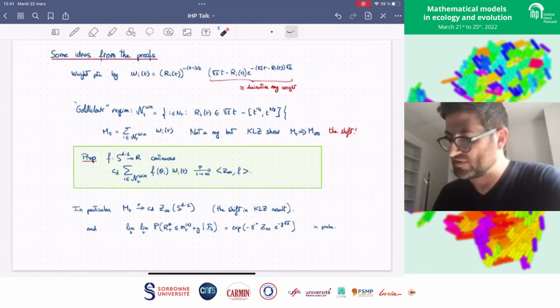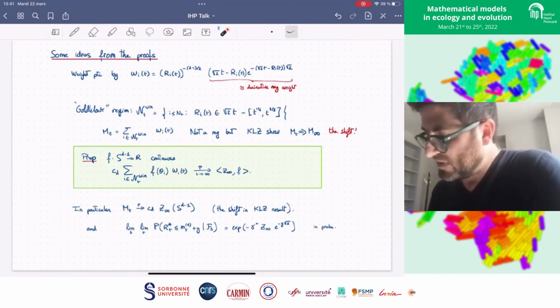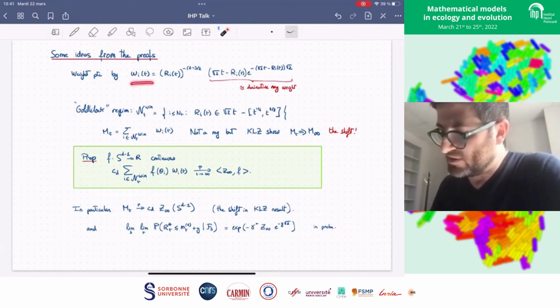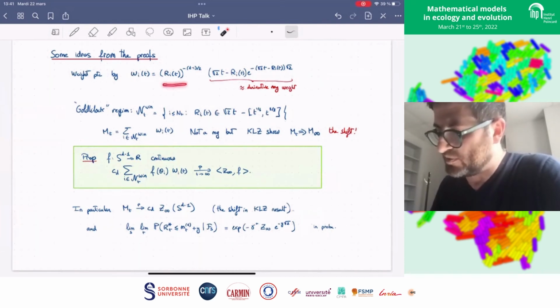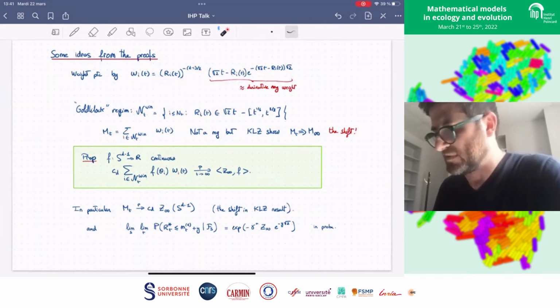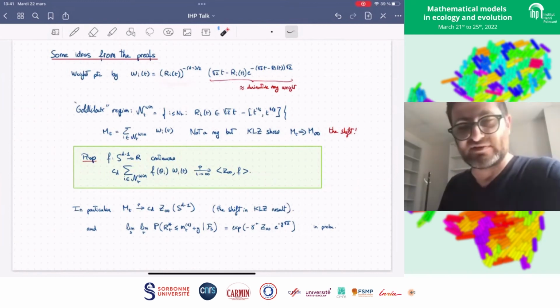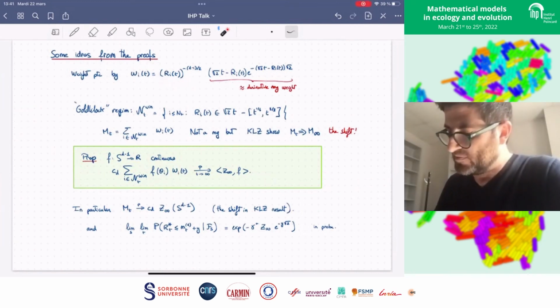In fact, we introduce this weight of the particle W_i, which is almost the weight that you get in the derivative martingale, except that we pre-multiply by a polynomial term in the distance to 0.